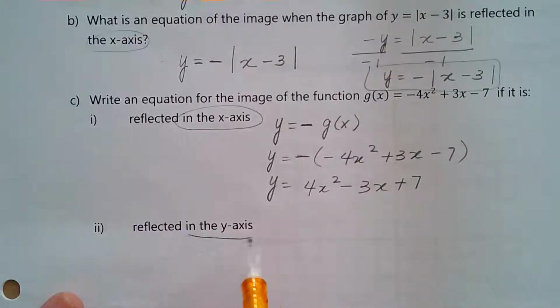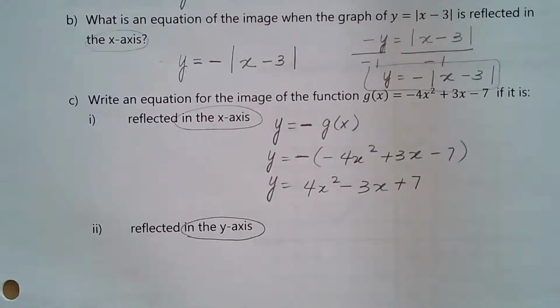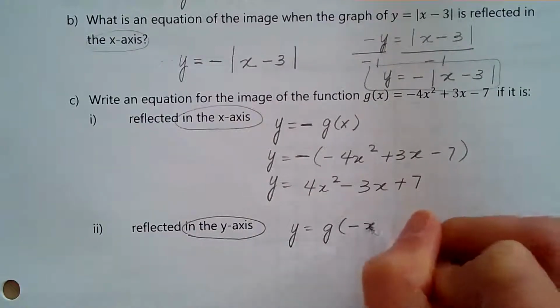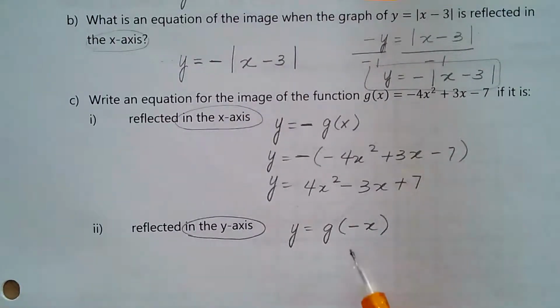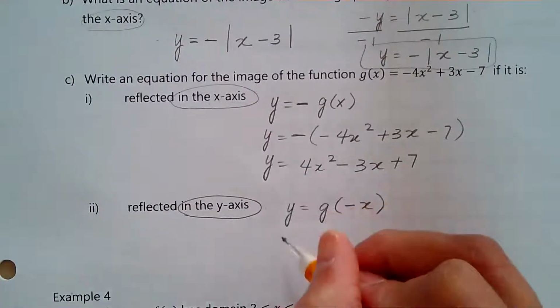What about this? Reflected in the y-axis. That means it's going to be y equals g of negative x. So x is negative. How does that look now?